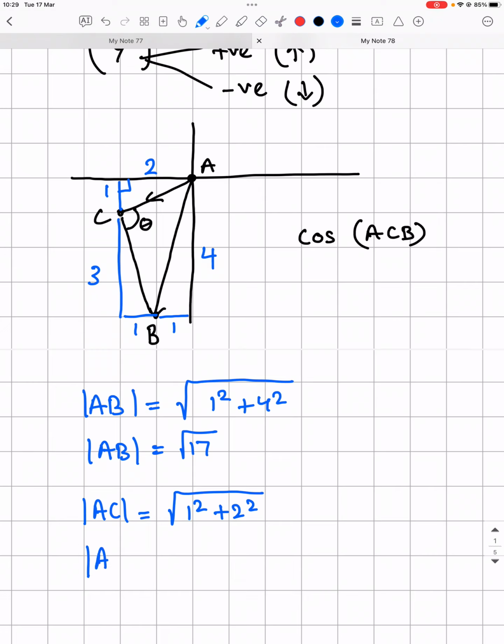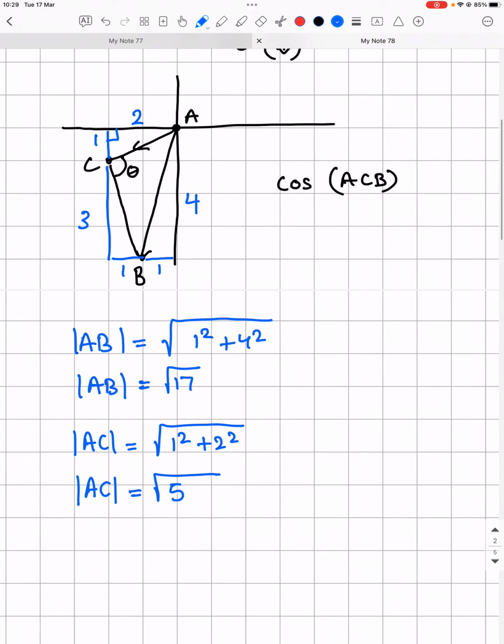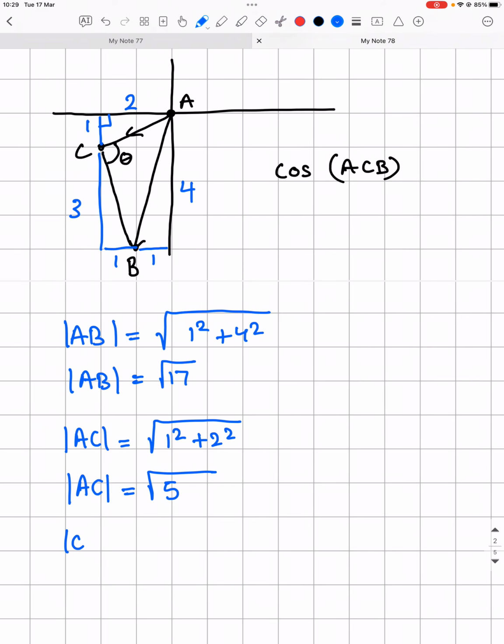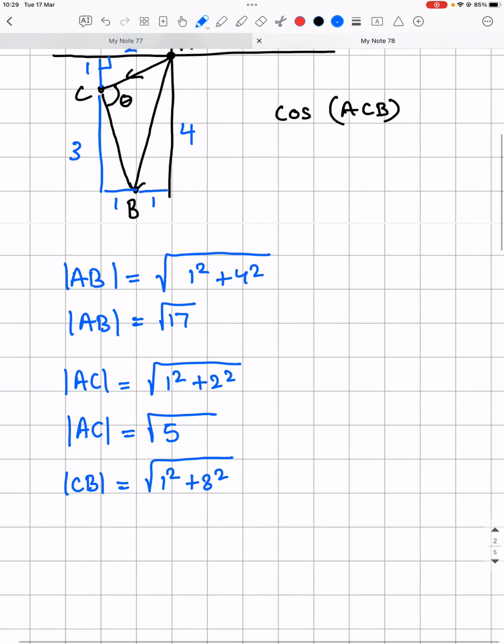So the magnitude of A to C is just the square root of 5. Now if I'm working out the magnitude of C to B, that would just equal the square root of 1 squared plus 3 squared, which gives me the magnitude of C to B as the square root of 10. So I have each of the lengths of my triangle.